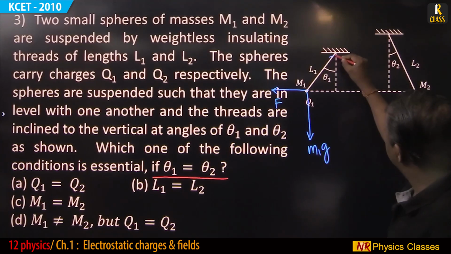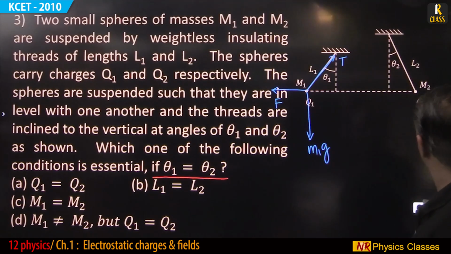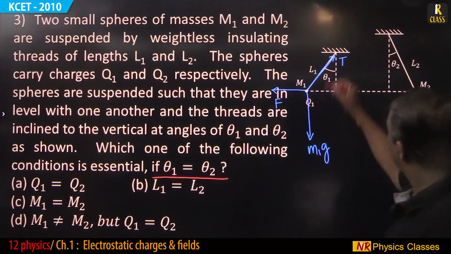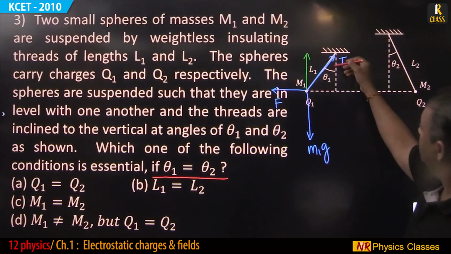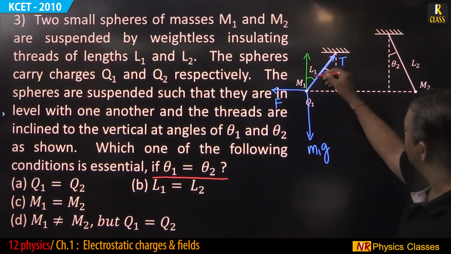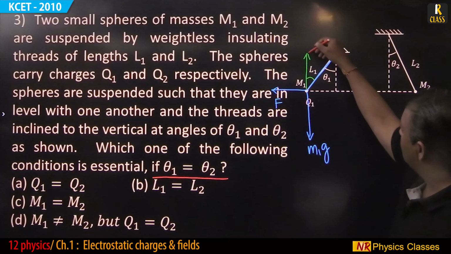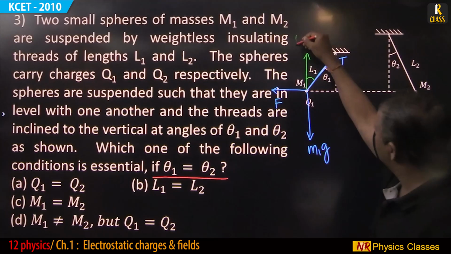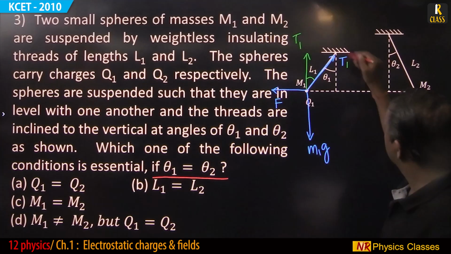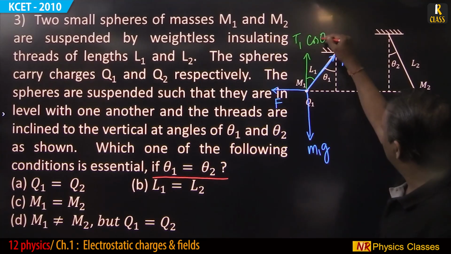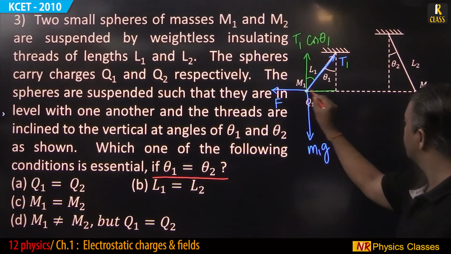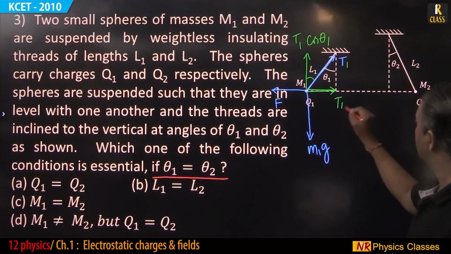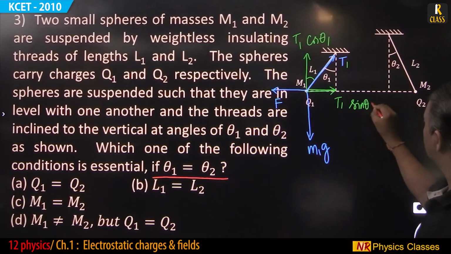This is the tension in the string, T. This is the vertical component of tension. This angle is theta 1. Then this component is closer to theta 1, therefore T1 cos theta 1. The other component is T1 sin theta 1.